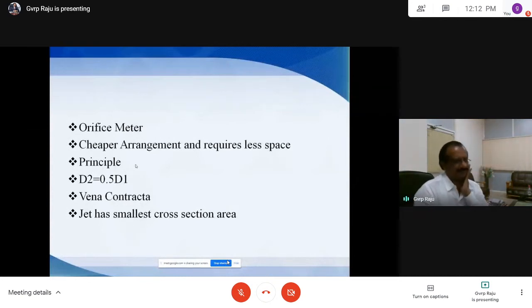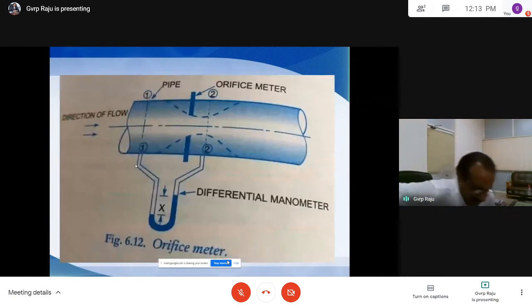Only, the orifice meter requires less space and is also cheaper. So this is the orifice meter.